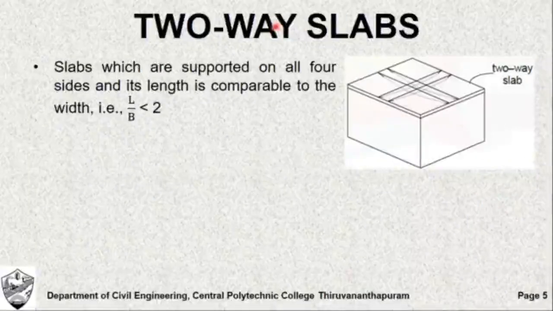But in case of two-way slabs, since both the spans are comparable in magnitude, L by B is less than 2. If this condition is satisfied, we call such slabs two-way slabs, and the deflection or curvature, the effect of bending, is comparable in both directions, and that is why we call them two-way slabs.